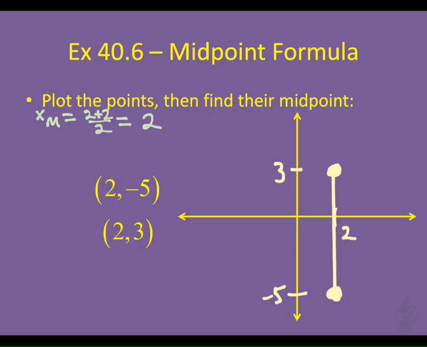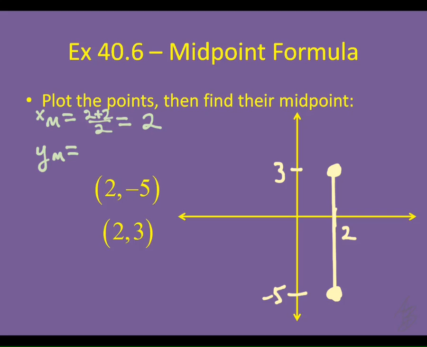So our x-coordinate is going to be 2. If you notice that you have the same x-coordinate, the midpoint is going to have that same x-coordinate, because the midpoint is between the 2 points. The only number that you could really say is between 2 and 2, even though it's not between them, it is the same thing, is that same number, 2. How about finding the y-coordinate of the midpoint?